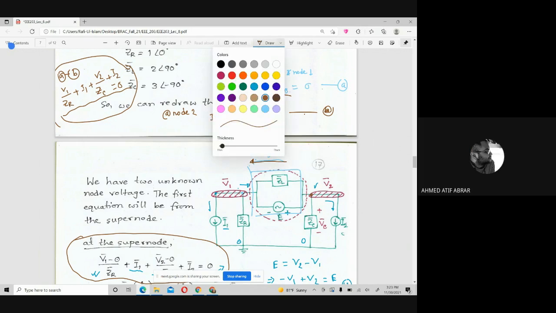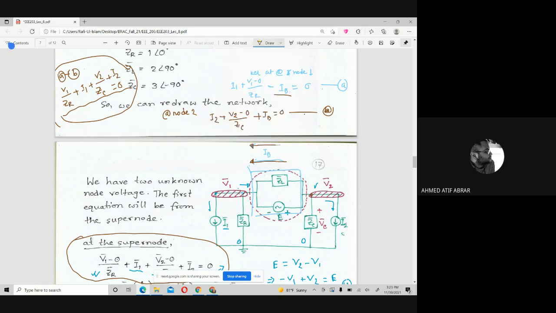Sir, we could use V2 minus V1 equal E when E is given. Yeah, because E is connected between any two nodes, right? Let's say E is connected.